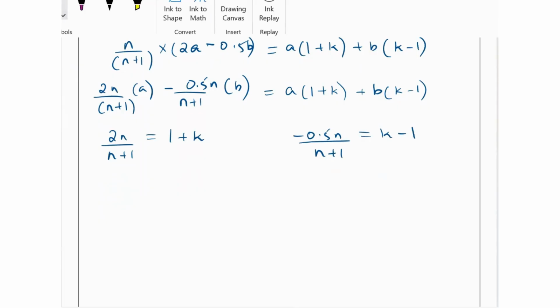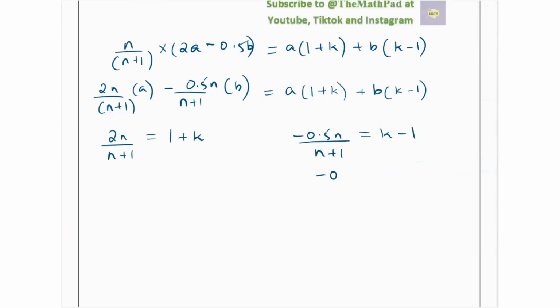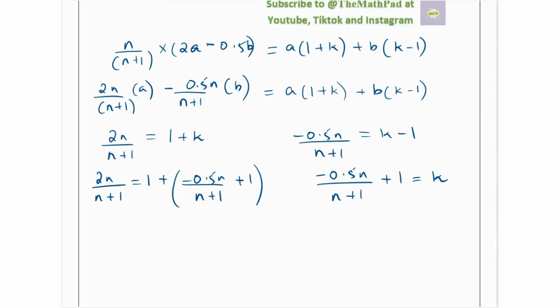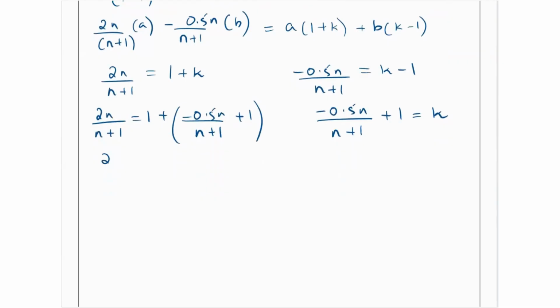Since we're trying to find the value of n, let's make k the subject over here and replace the k in the other equation with this expression. So it's going to be 2n over n plus 1 equals 1 plus negative 0.5n over n plus 1 plus 1. So 2n over n plus 1 equals 2 minus 0.5n over n plus 1, because 1 plus 1 is 2.